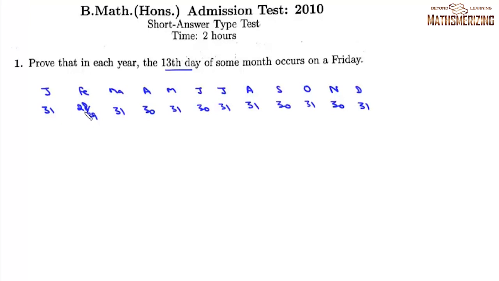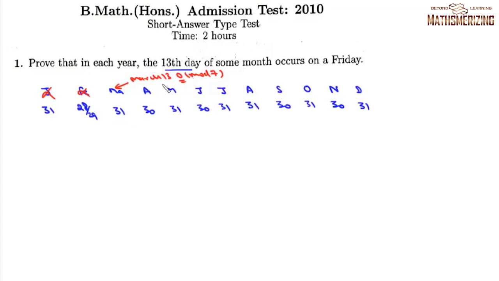Now since we have two choices in February, we'll discard these two cases. Now what we'll assume is, suppose March 13 is assigned 0 modulo 7. So this 0 could represent any day in a week on March 13.